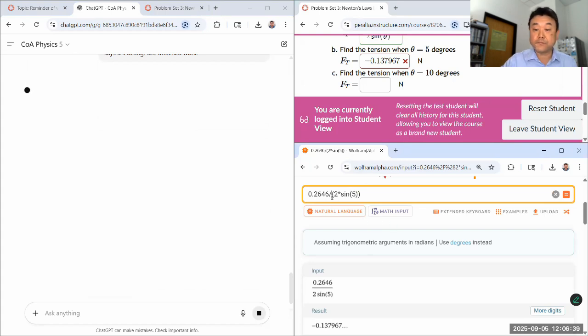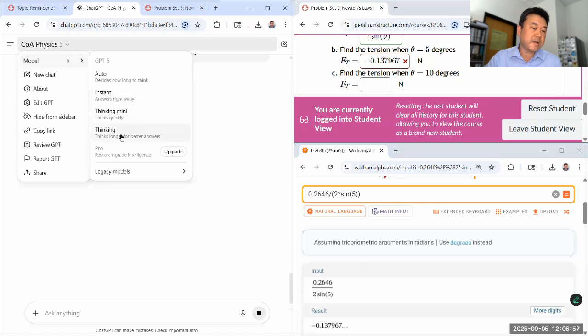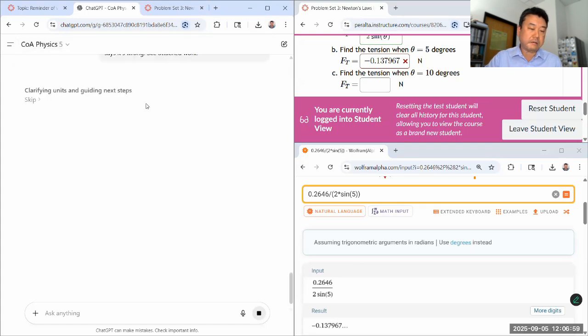But if I forget this parenthesis, then sine will go in the numerator, and that'll result in another mistake. Oh, wow, this means it shifted to thinking. So when you do the auto, there's some router behind it that decides whether it should go to thinking.